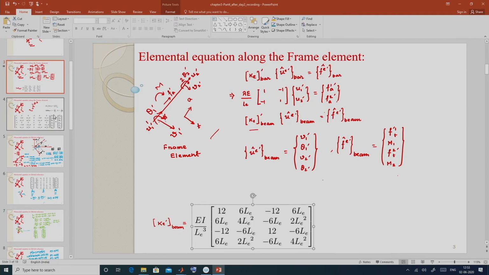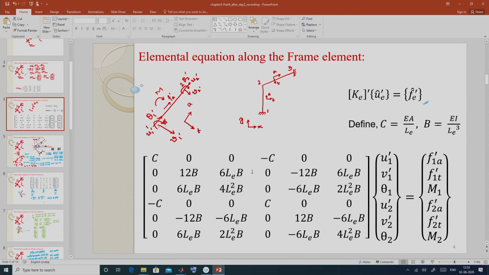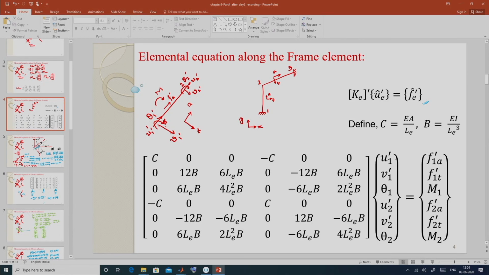After that, we get the combined element stiffness matrix for the frame element. Here, the degrees of freedom corresponding to the bar element are 1, that is u1 prime, and 4, that is u2 prime. So, the stiffness matrix bar entry is in the 1 4 location.